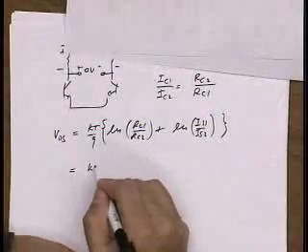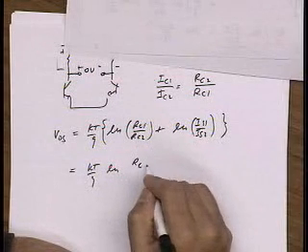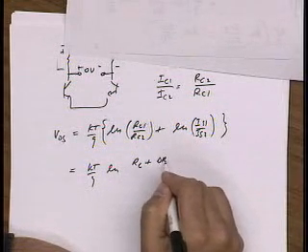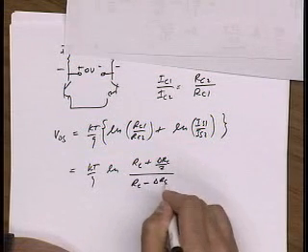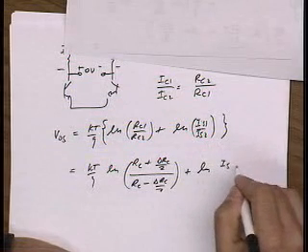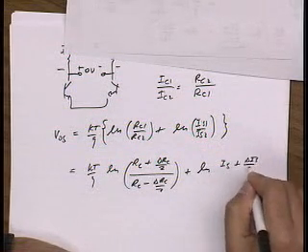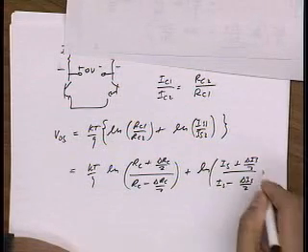So I substitute KT over Q log of, this is, let's say, RC plus delta RC over 2. This is RC minus delta RC over 2. And likewise, this is IS plus delta IS over 2. And this is IS minus delta IS over 2.